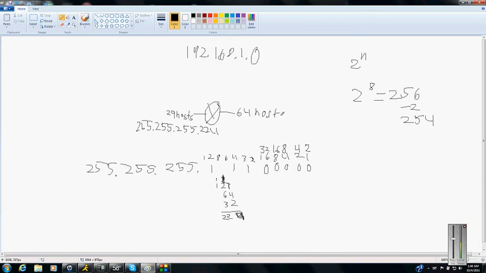Okay, now 64 hosts. Same thing, write out our subnet mask. We know that we can fit this in the last octet because 254 is greater than 64. So 255.255.255.